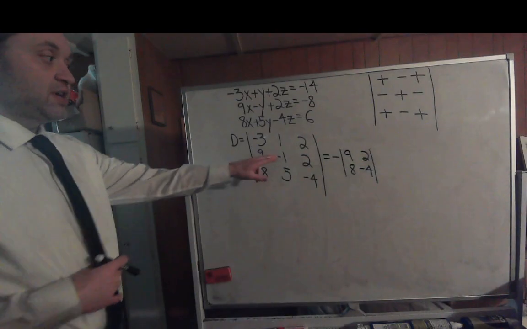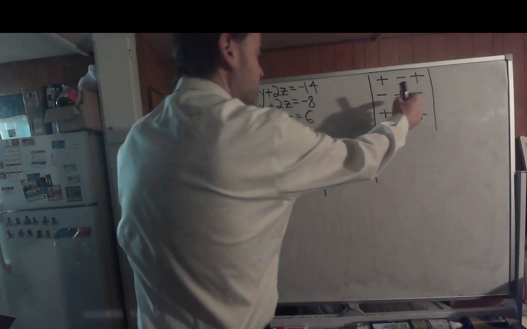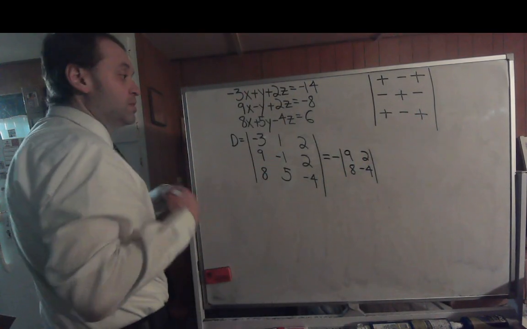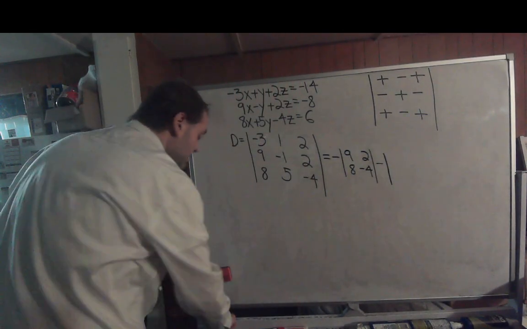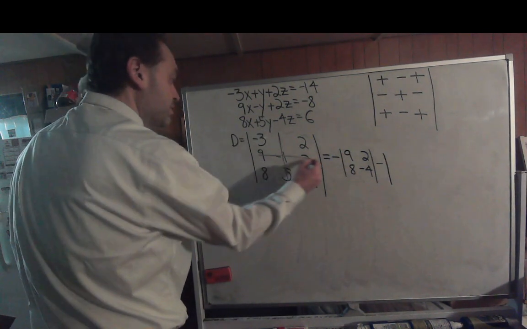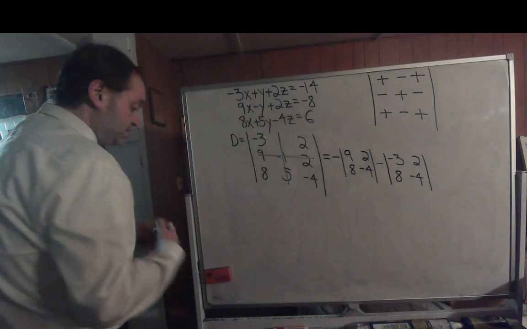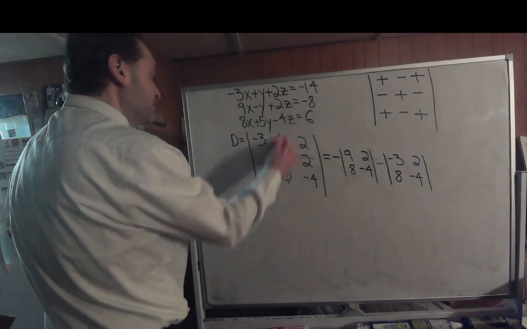The second entry of the second column is a -1, and according to my coefficient matrix, I need to take positive of -1, so that's going to be yet minus another resulting determinant of when I strike out still the second column, but this time the second row. That'll give me a determinant of -3, 2, 8, and -4. And then I still have one more determinant to figure out for this.